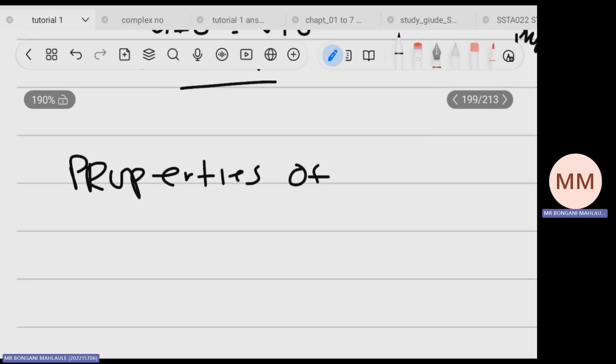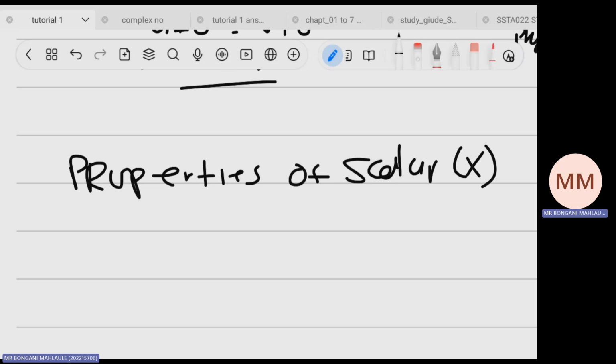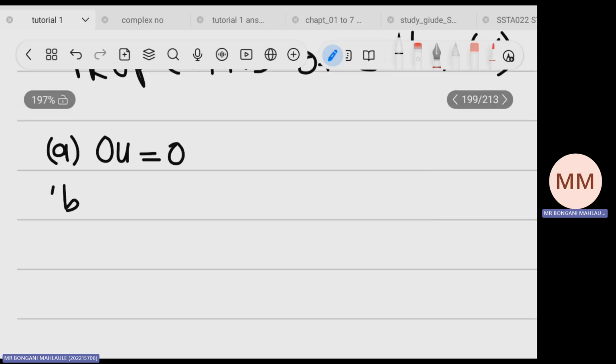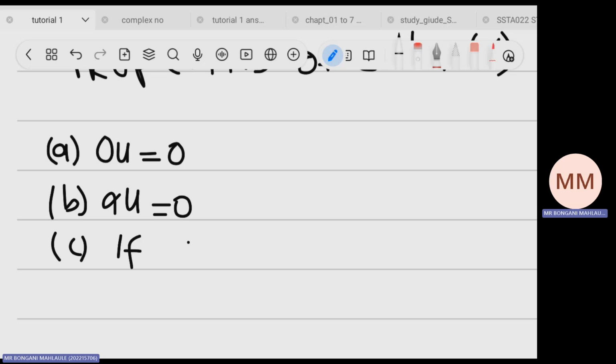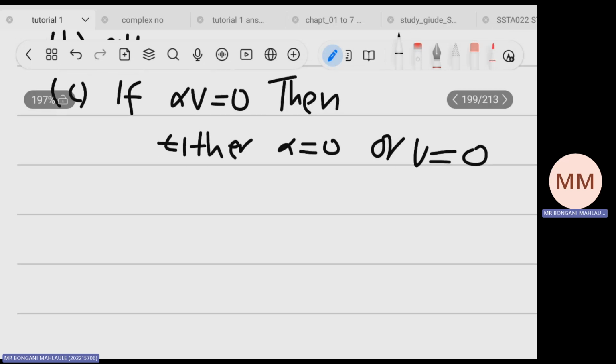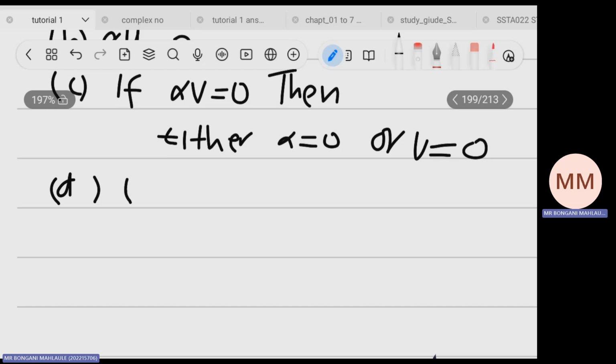Then we come to the one for properties of scalar multiplication. It's either they ask you to prove that you have this, or if alpha v is equal to 0, then either alpha is 0 or v is 0, or negative 1 v is equal to negative v.